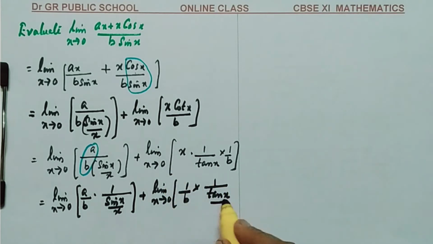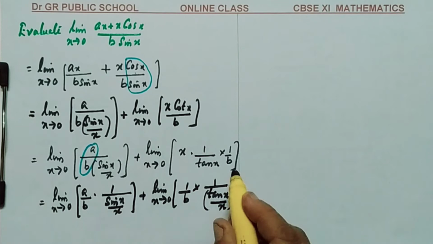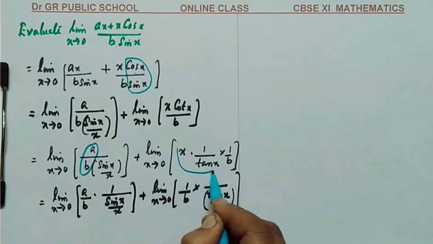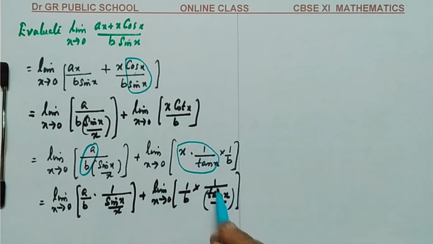This x can be written as tan x by x. Why? Because 1 by tan x by x is equivalent to x by tan x. So, this x by tan x I arranged as 1 by tan x by x.